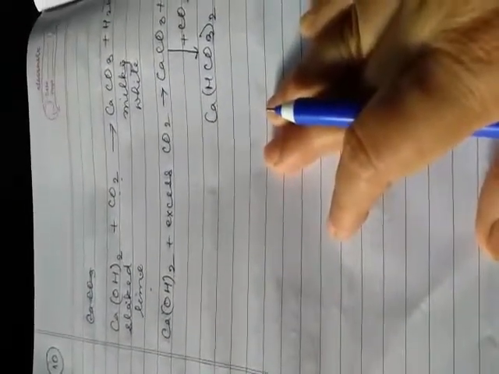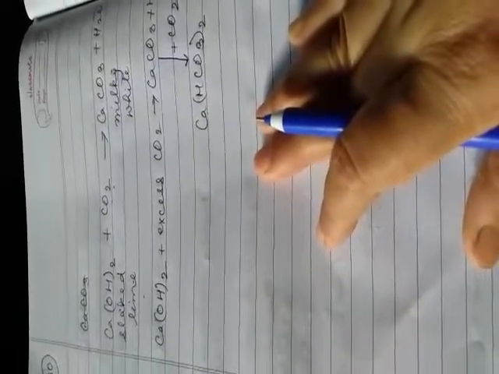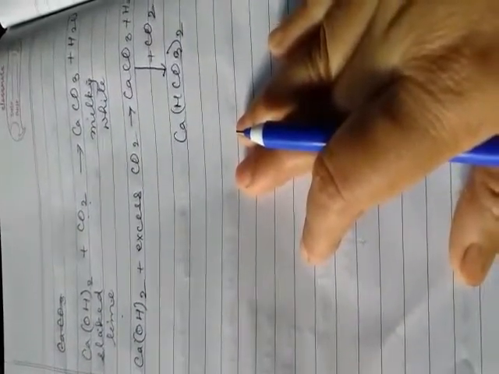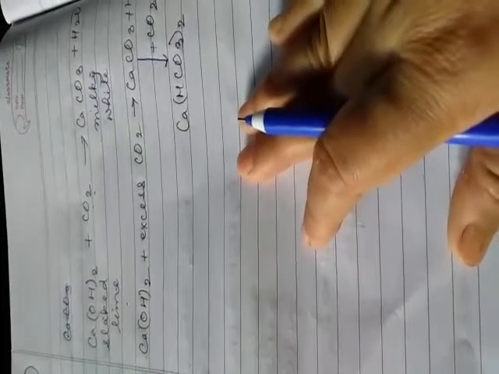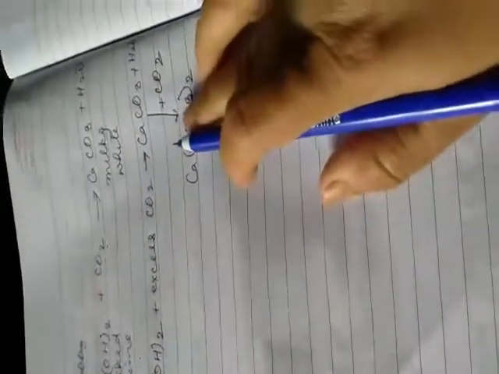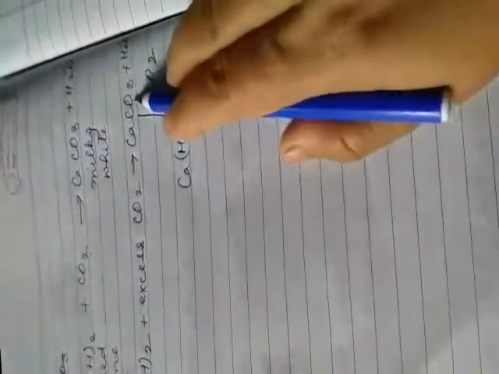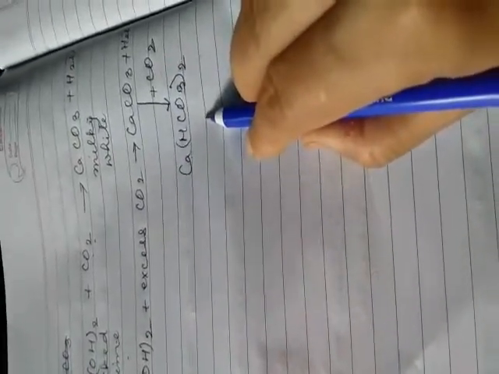Again, take this reaction. Slaked lime, when it reacts with carbon dioxide, forms a milky white substance, calcium carbonate. And when excess of CO2 is passed through this lime water or slaked lime, calcium carbonate reacts with that carbonate and forms calcium hydrogen carbonate.